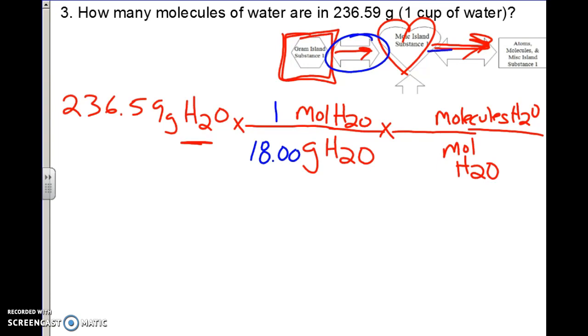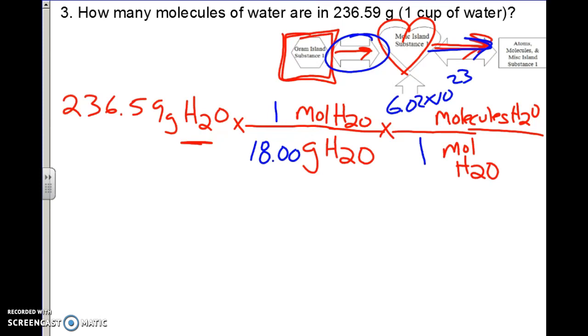We next need to go over this bridge right here, and this is the 6.02 times 10 to the 23rd bridge, so that means it's going to be involved in that conversion factor. And we put that with the molecule, 6.02 times 10 to the 23rd molecules. Molecules are really small, so a whole bunch of them will add up to 1 mole of water.